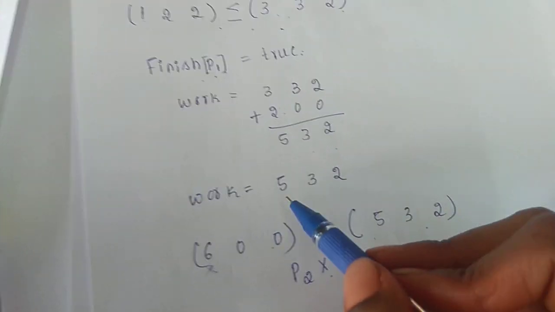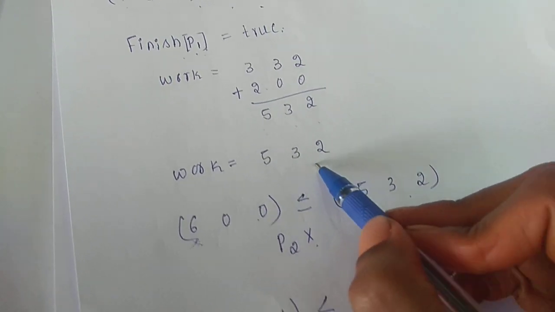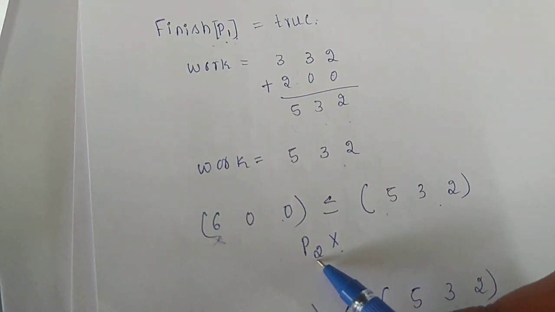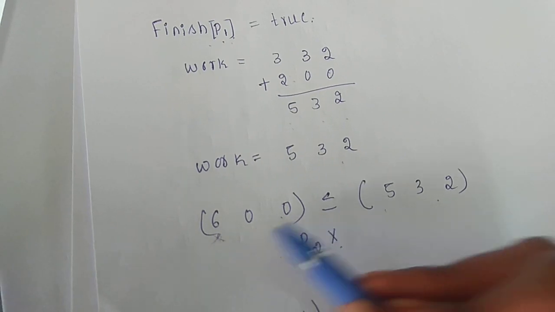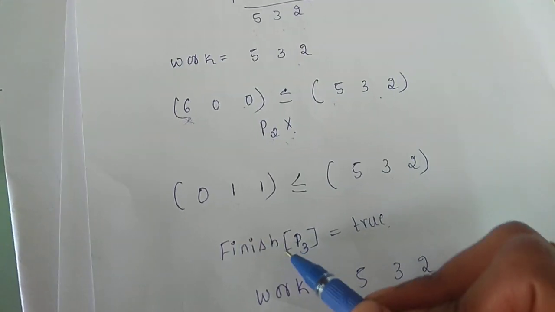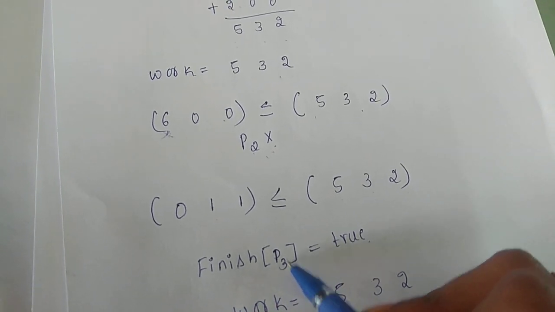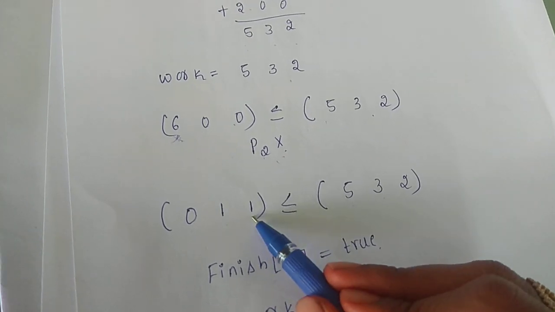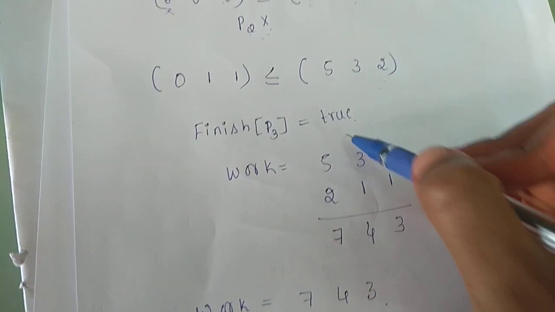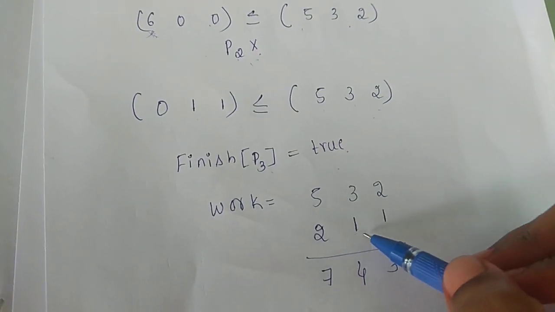So by keeping the new value, I looked for the next process that has not completed. I found process P2's need was not meeting the condition, so I rejected process P2. I moved on and got process P3, and it was meeting the condition, that is the need is less than the available.